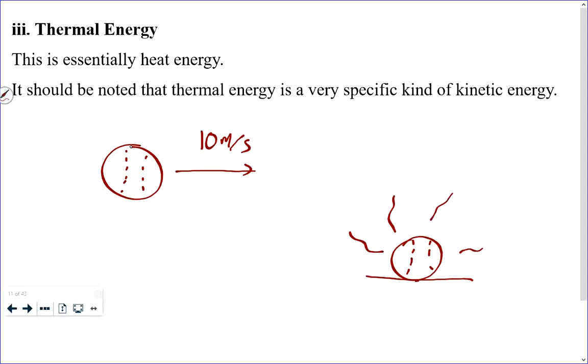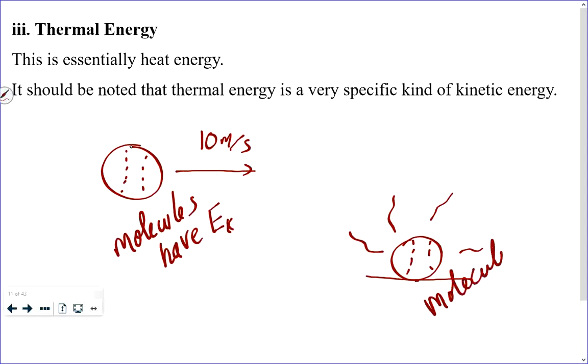Every molecule in that baseball has kinetic energy. The molecules here have EK. The molecules here have EK. What's the difference?